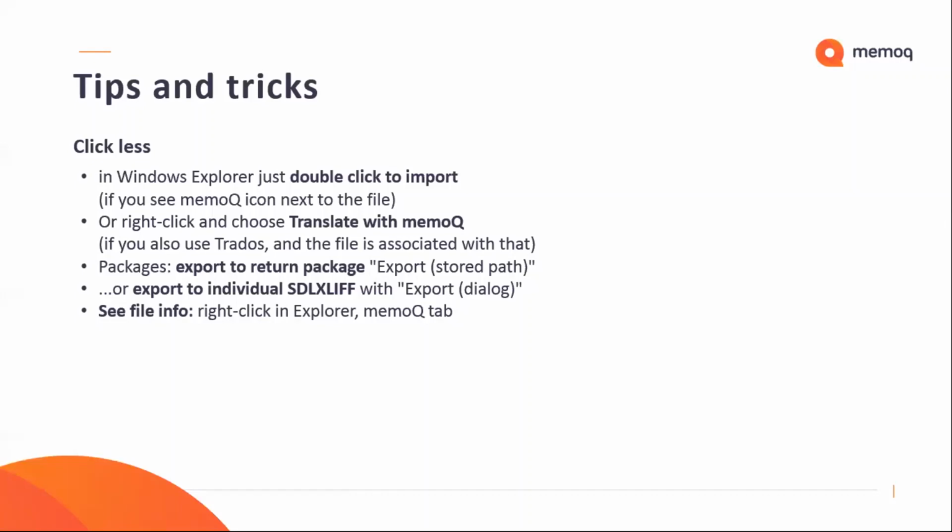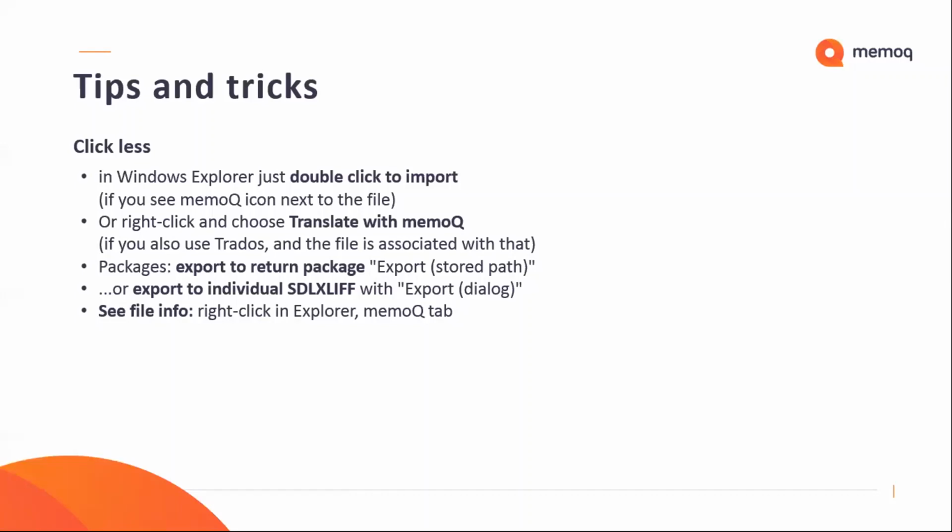If there is a special case when you want to, for example, return a partial delivery to your project manager, you might want to choose the export dialog command to be able to export an individual translation document, even though you started with the package and not an individual document in the beginning. But I will show all of this.